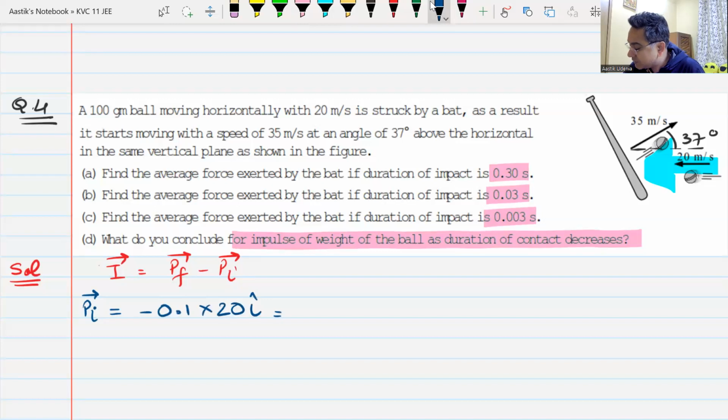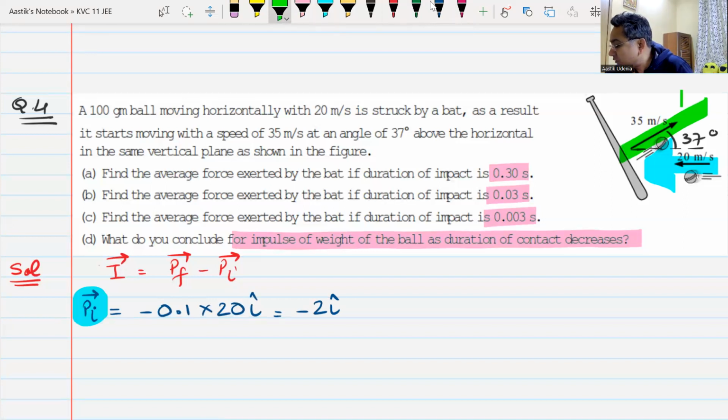So it simply becomes minus 2i. That is the initial momentum given by the blue thing. Initial momentum.